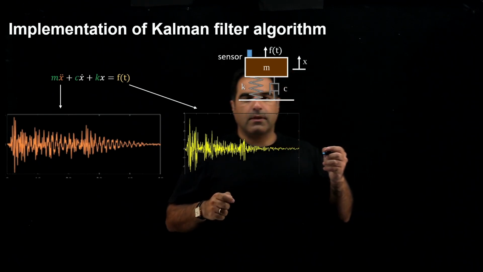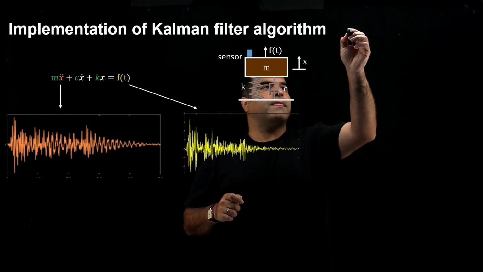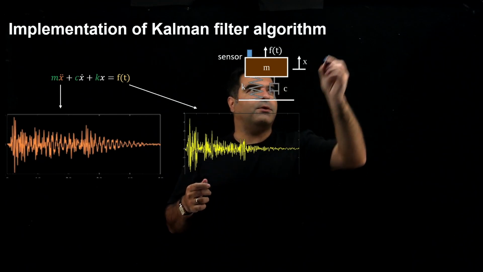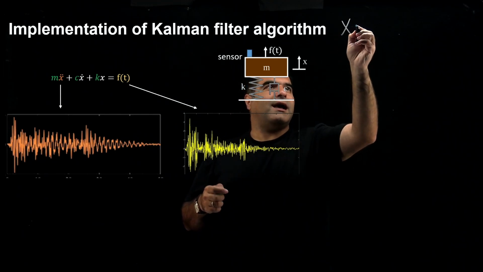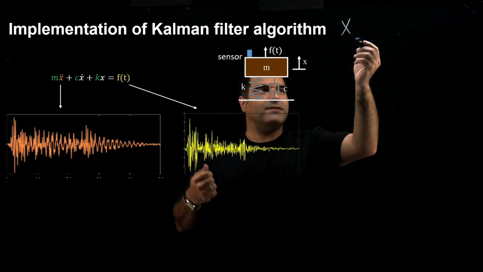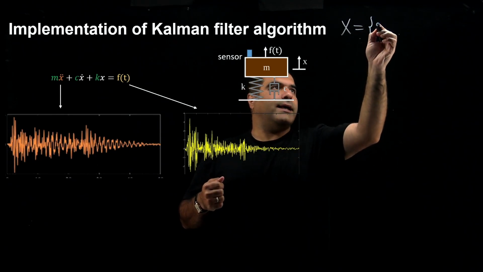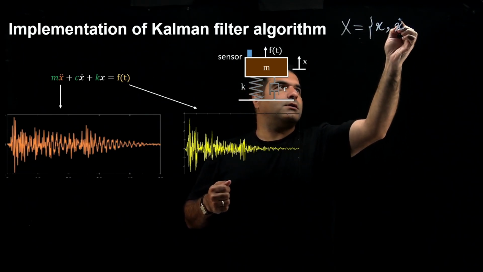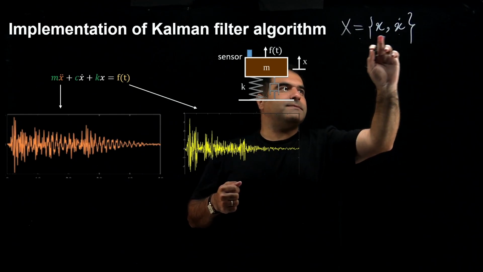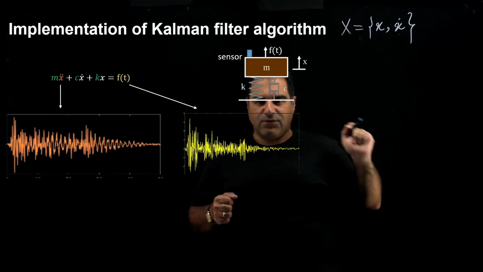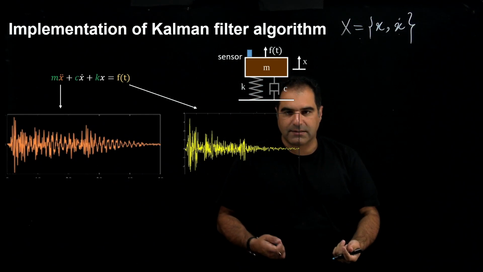Now, if we assume we know the F, we know the acceleration and the dynamical system, right now we wrote, I define my state vector X equal to x and x dot, which is my displacement and velocity of vibration, which I'm interested to estimate.